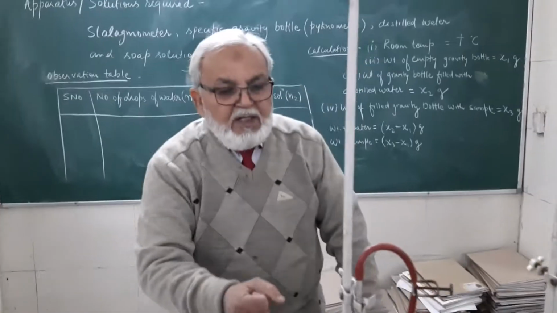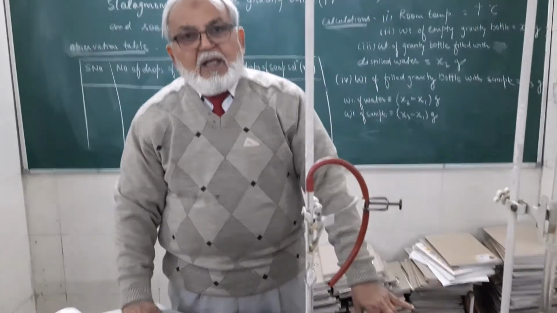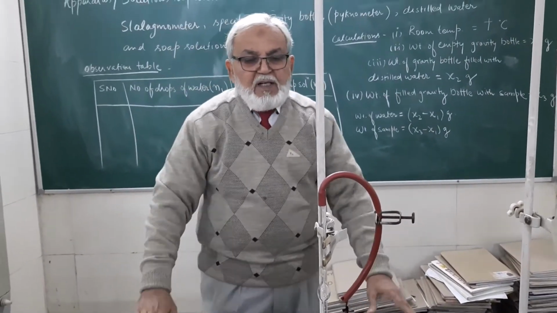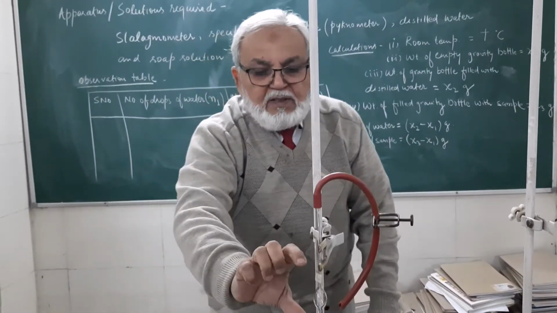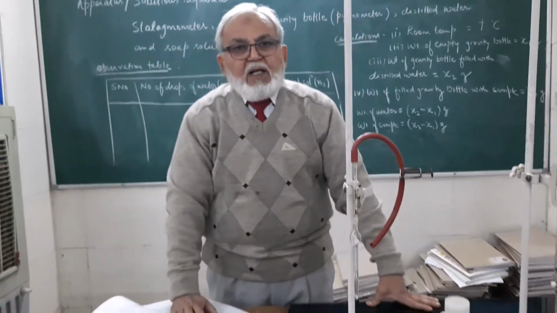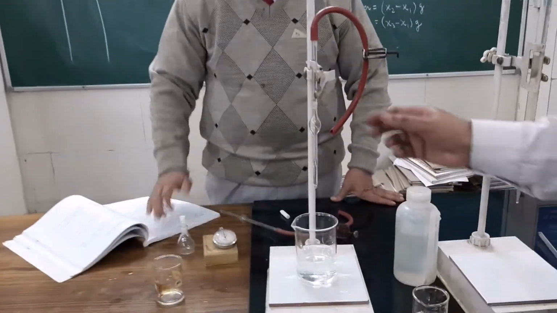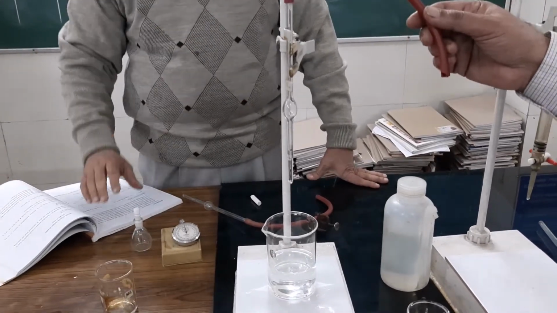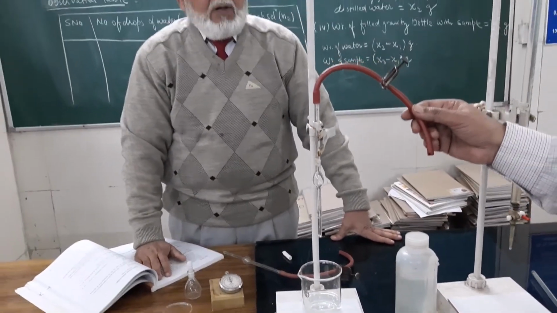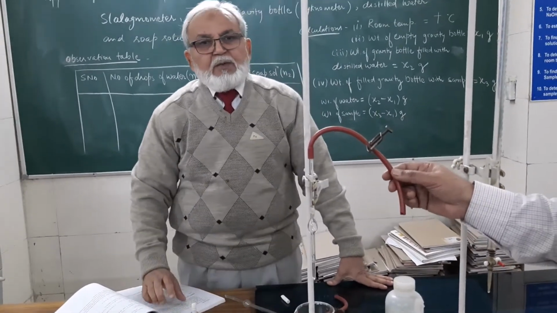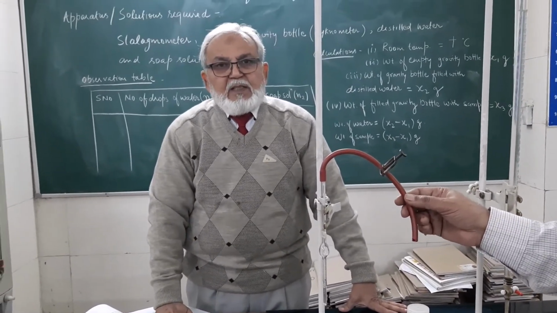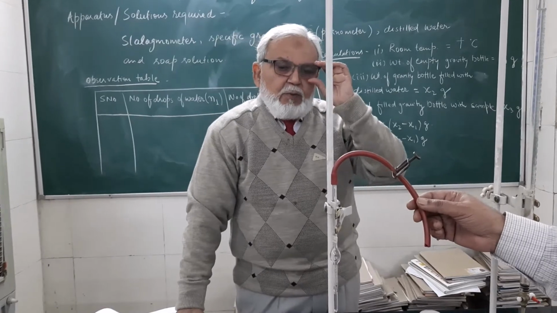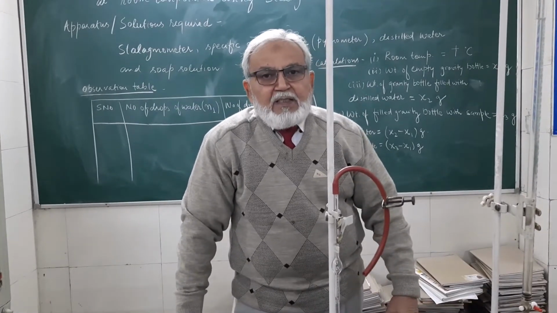It is filled up to this mark, and again the number of drops of this volume of solution is measured. It is refilled with this solution, and once again the number of drops formed by this volume of the solution is determined, and the average of the two is taken as N2.